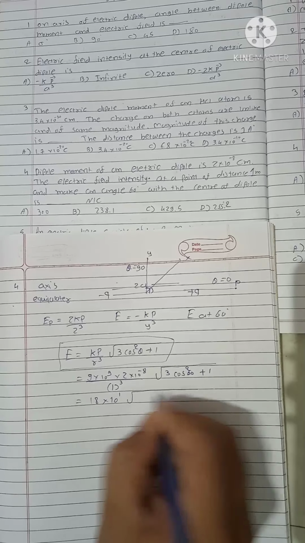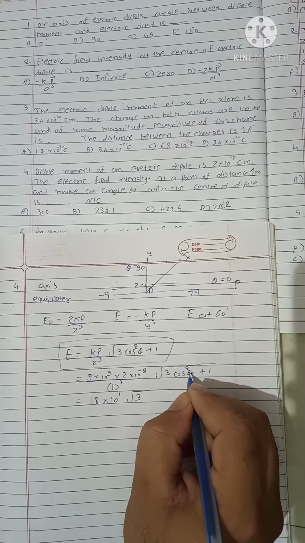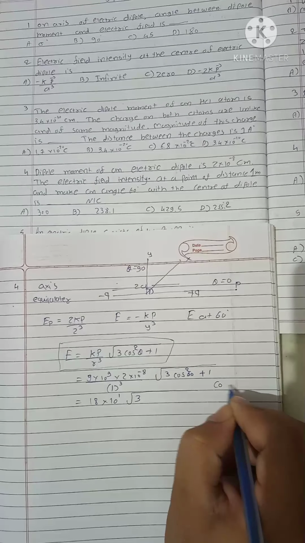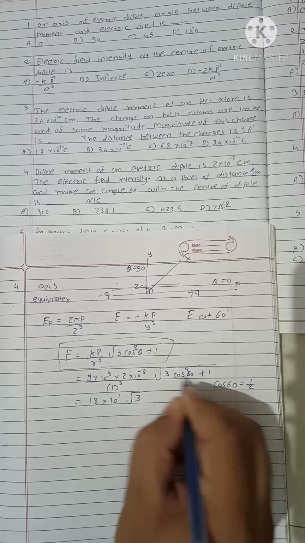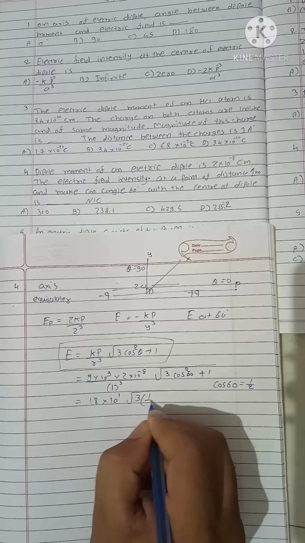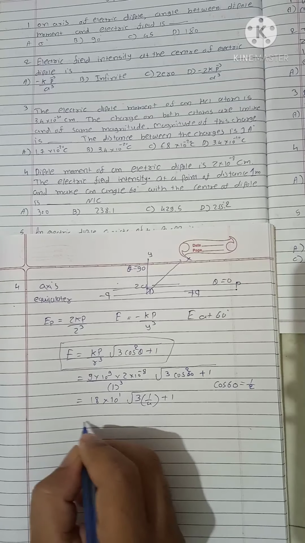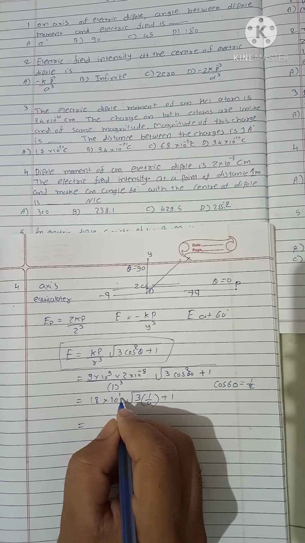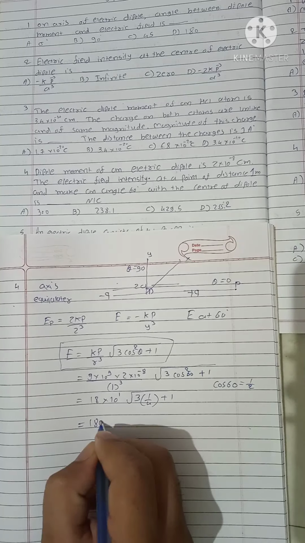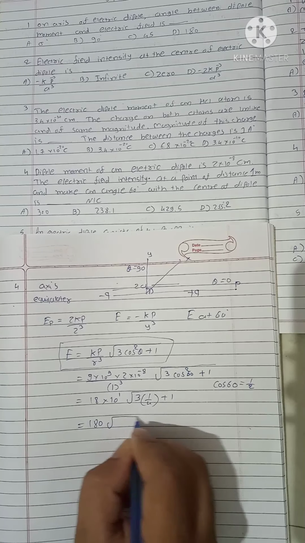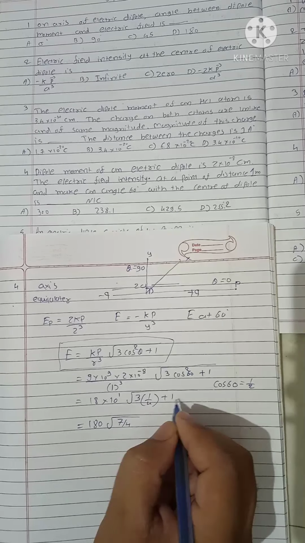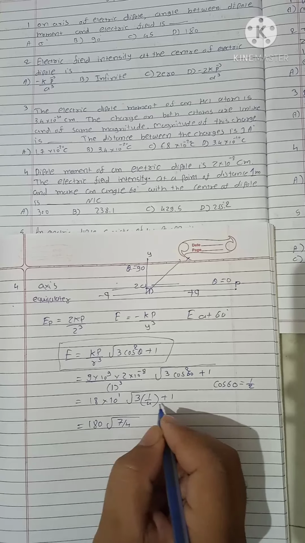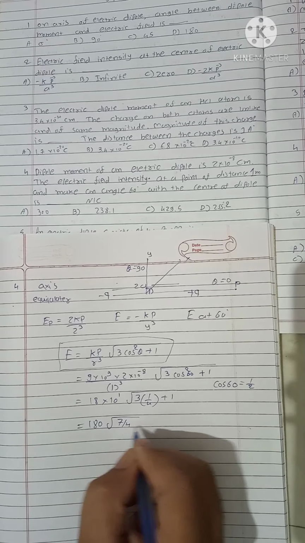Now under root, 3 into cos square 60. You have to remember that cos 60 is 1 by 2, so cos square 60 will be 1 by 4, plus 1. So here 18 into 10 raised to 1 is 180, and under the root we have 7 by 4. Take the LCM, you can find that the answer is 7 by 4.